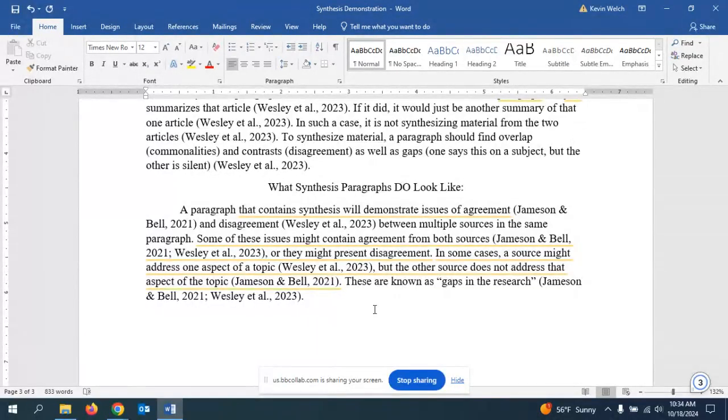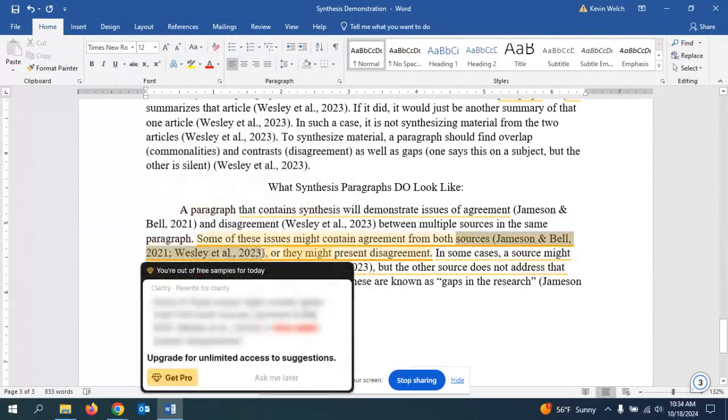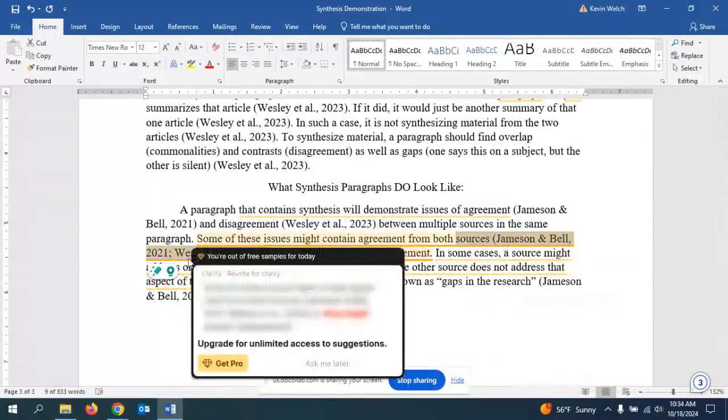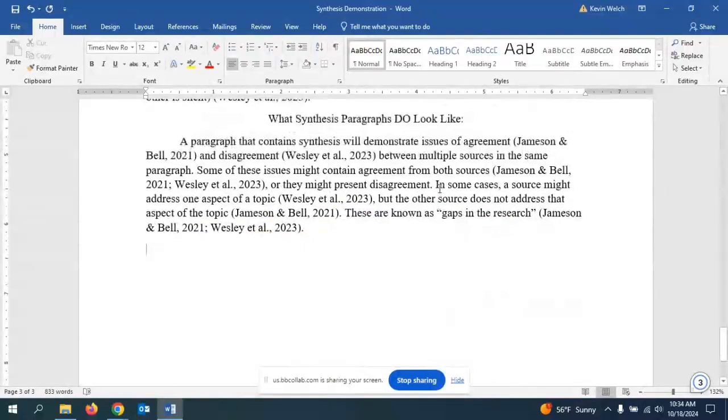Some of these issues might contain agreement from both sources. And then look, I even cited it as if there was agreement there between the two. It's alphabetical because J comes before W, separated with a colon, right? Or they might present disagreement. In some cases, a source might address one aspect of a topic, but the other source does not address that aspect of the topic. These are known as gaps in the research, okay?